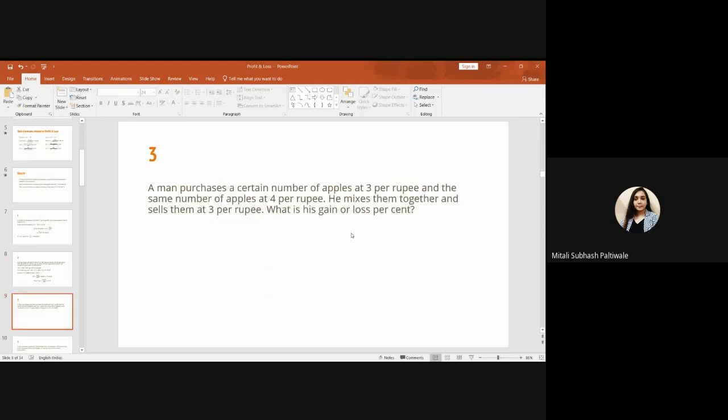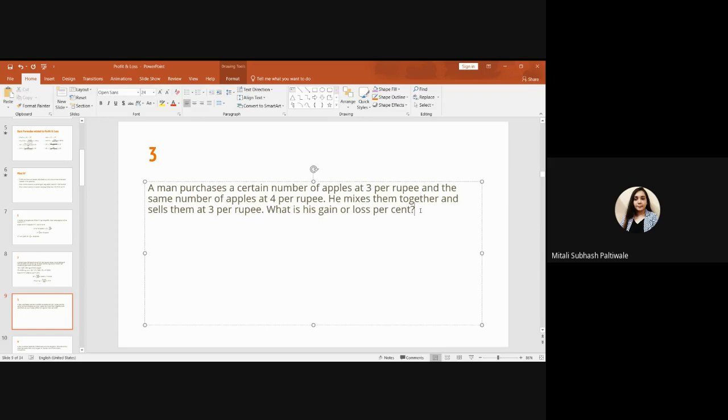Now let's move to the next question, which says a man purchased a certain number of apples at 3 per rupee, and the same number of apples at 4 per rupee. He mixes them together and sells them at 3 per rupee.